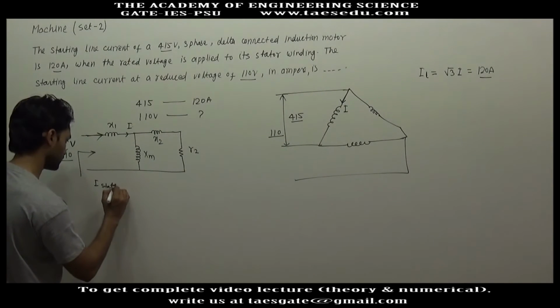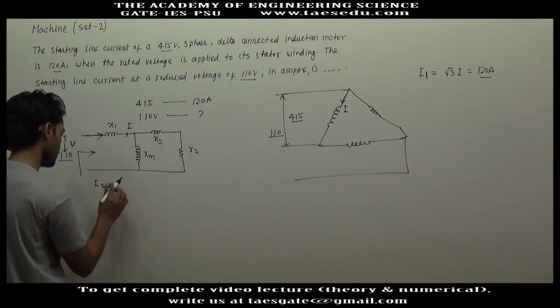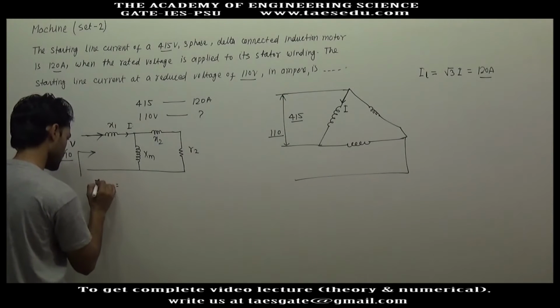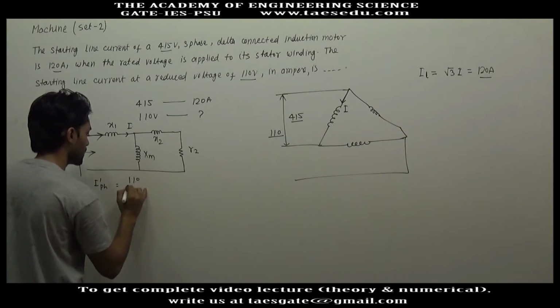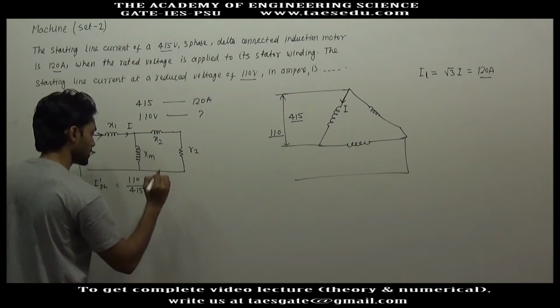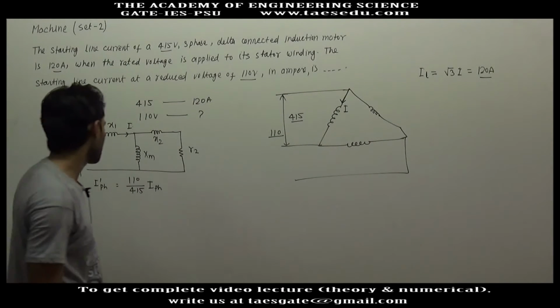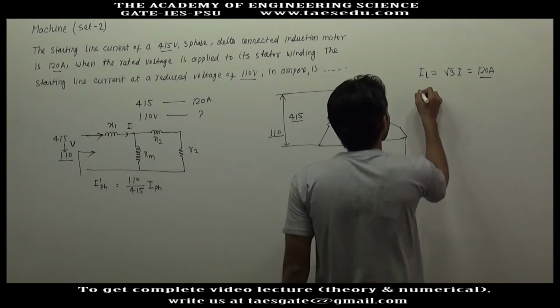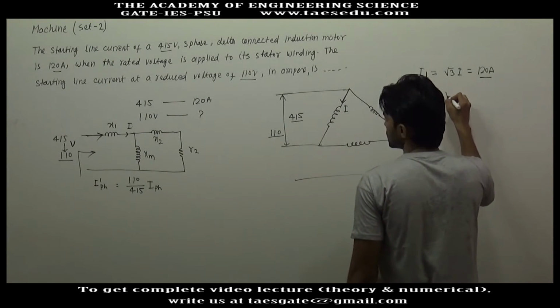So now the starting phase current will be, let's say this is I2 phase, this will be 110 divided by 415 into the starting phase current for 415 volt. So now what will be the line current?